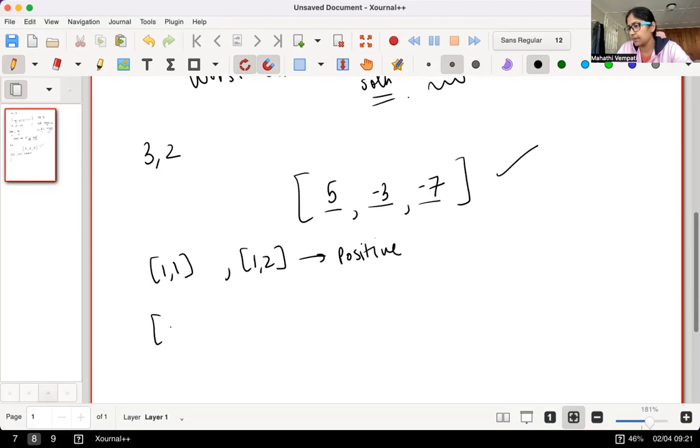And sorry, 1,3, 2,2, 2,3, and 3,3 have negative sums.